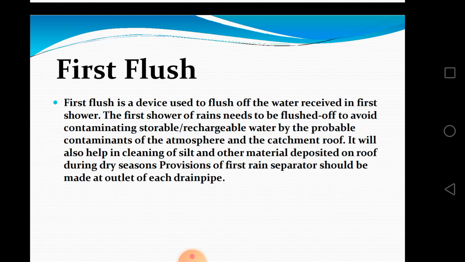Whatever rainfall comes first is not pure water, because it contains more silt, and we can't store that water. So in each drain pipe we need a system to filter out the silt deposits in that first water.